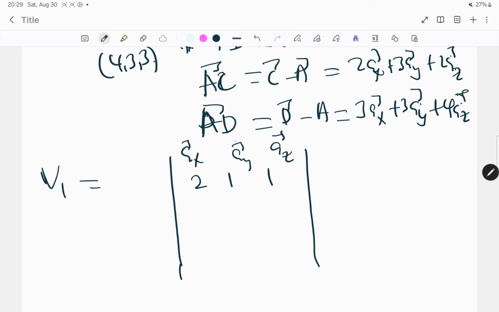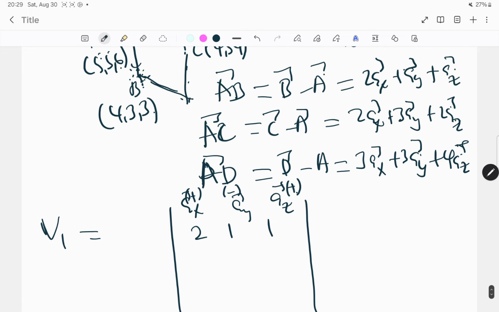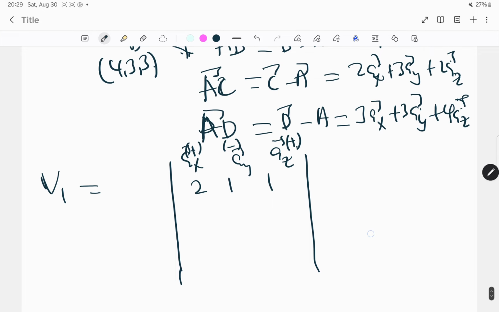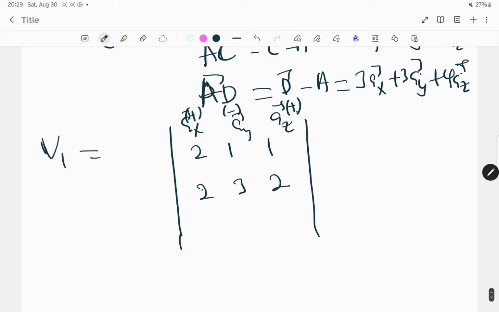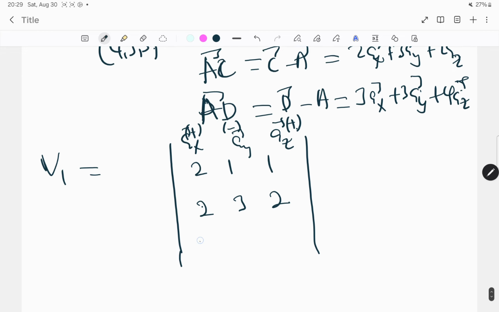Then we can add the positive and negative here. Then the next one is what? AC, that will be 2, 2, 3. And then the last one we have 3, 3, 4.